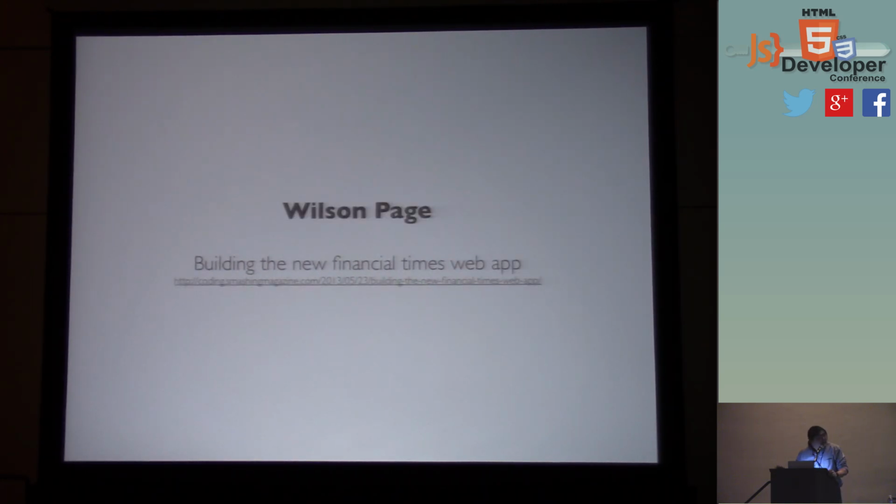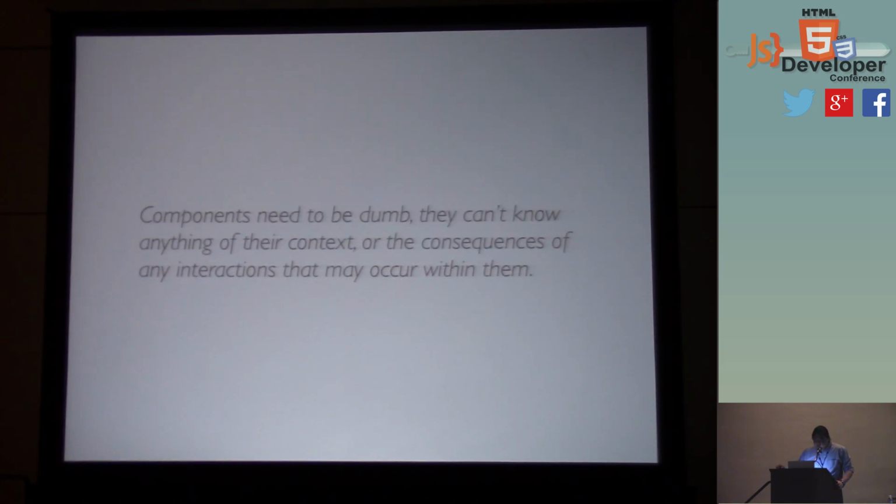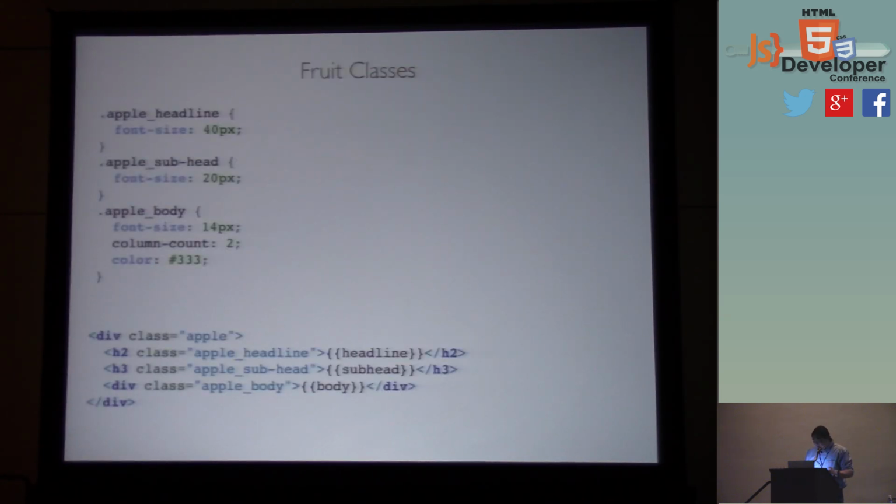There was another article from Wilson Page about building the new Financial Times web app, and he wrote, components need to be dumb. They can't know anything of their context or the consequences of any interactions that may occur within them. His solution was very interesting, actually. He created class names that are completely dumb to the context.